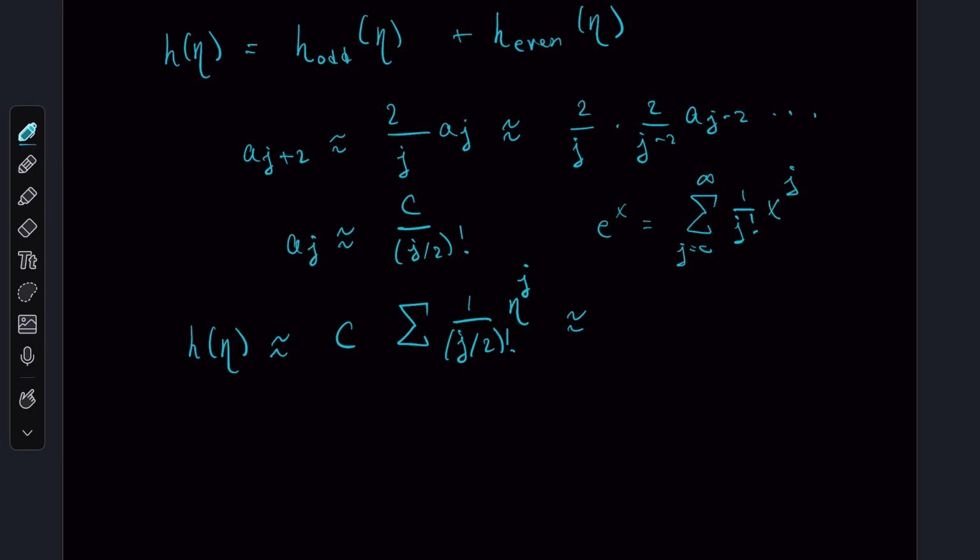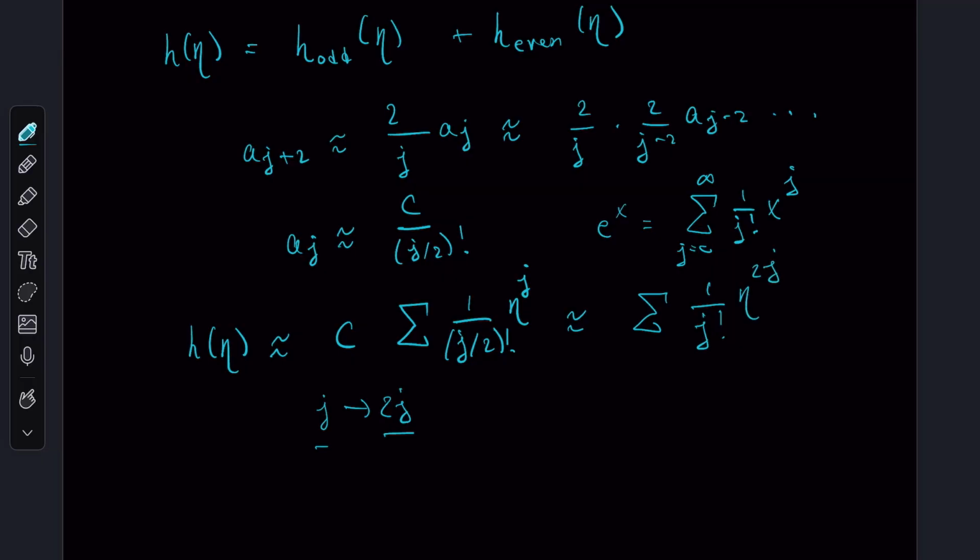Right, it's pretty close, but instead of j factorial, we have j over 2 factorial. But if you think about it, it doesn't really matter with what we're trying to prove. In fact, we can replace j by 2j, because if j is a power in the expansion, then 2j will be too. So the sum has to include all the 2j's. And if we just make that substitution, we know at the very least our sum is going to include these terms.